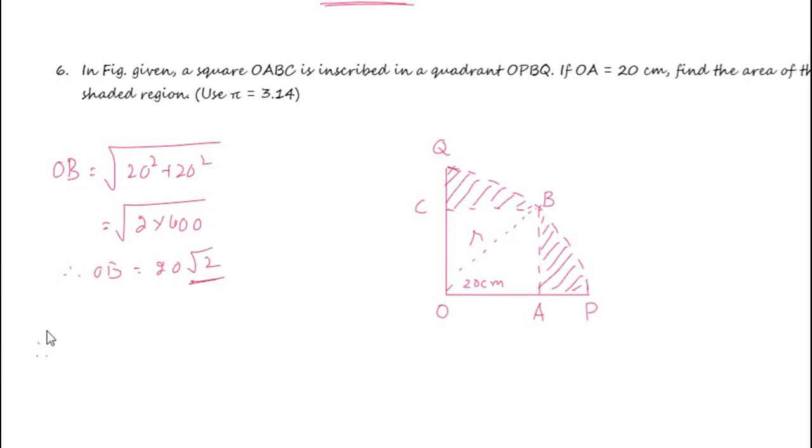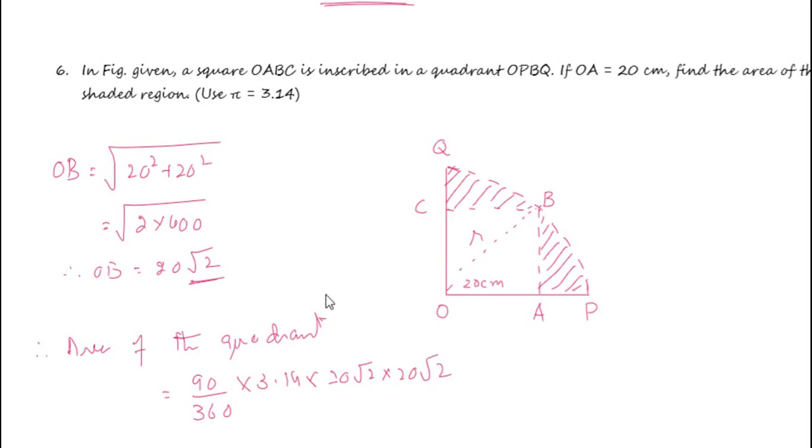Therefore the area of the quadrant equals, this angle is 90 degrees, so it is 90 divided by 360, theta divided by 360, into pi 3.14 into R square. R is 20 root 2 into 20 root 2.